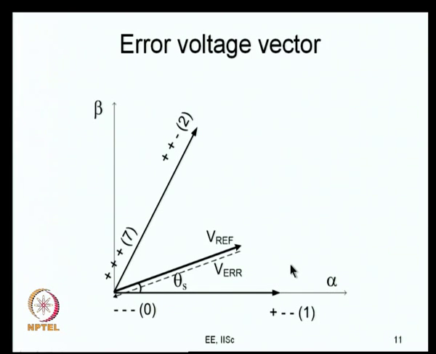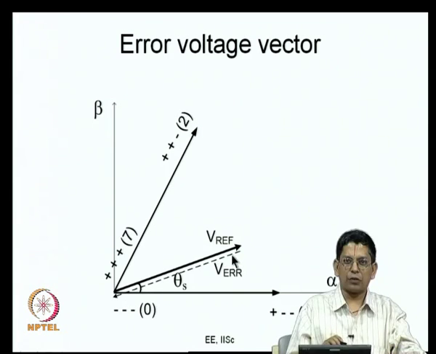Instead of a sinusoidal voltage you keep on applying positive and negative DC pulses. The same thing, if you look at it in the space vector domain, you have this reference vector. Applying 3 phase sinusoids means applying a voltage vector of constant magnitude and revolving at a uniform speed in the space vector domain. We are showing this reference vector here at a particular snapshot, or a particular sample of the reference vector.